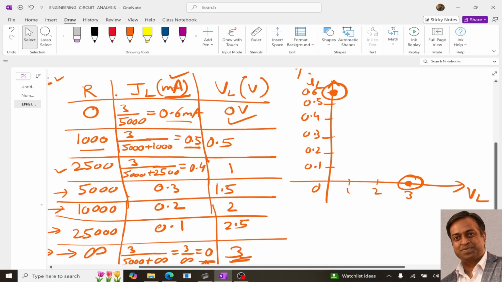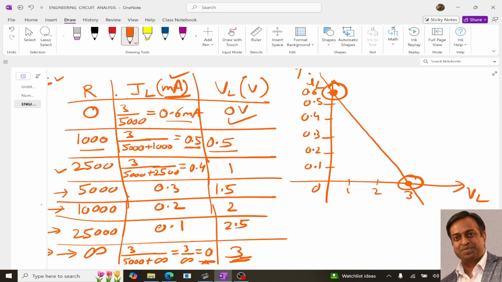Now if we plot all the points, 0.5 is 0.5, so it will be somewhere over here, right? Then 0.4 and 1, so 0.4, 1 over here. 0.3, 1.5, so 0.3, 1.5. 0.2, 2, so 0.2, 2, and then 0.1, 2.5, right?